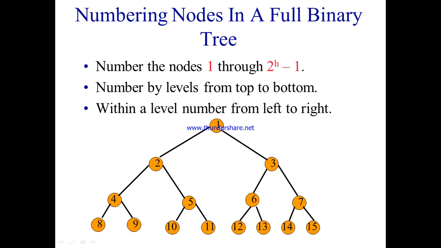We start from top to bottom and left to right, right? I should not number this node as 2 and then this node as 3 and proceed in that way. We have to proceed level by level: first, second, third, 4, 5, 6, 7, 8, 9, 10, 11, 12, 13, 14 and 15. So from top to bottom, left to right, this is how we number the nodes.